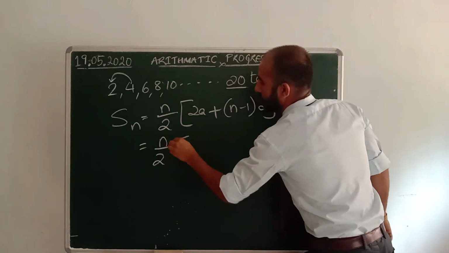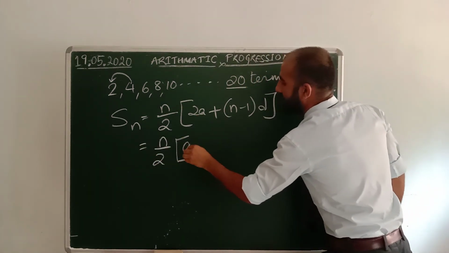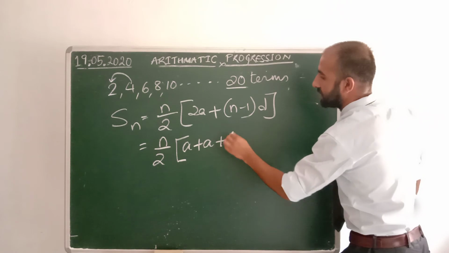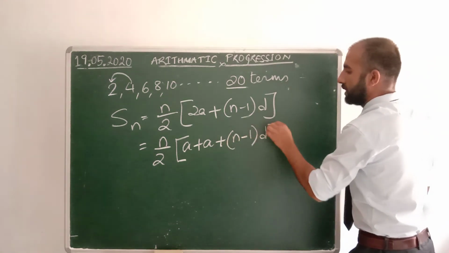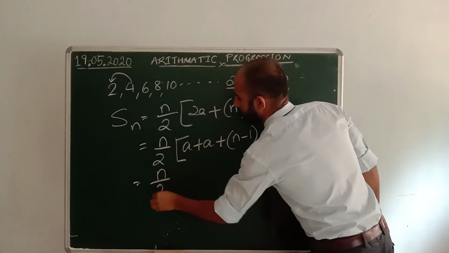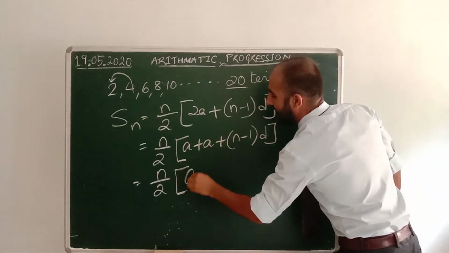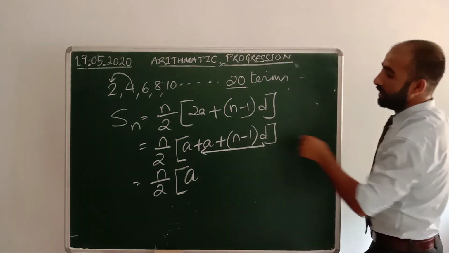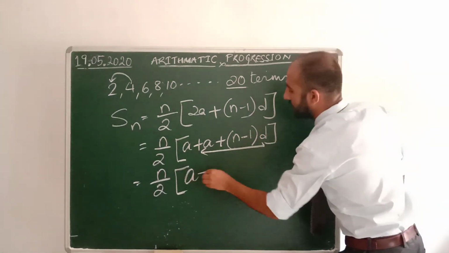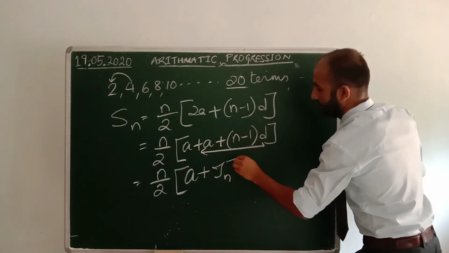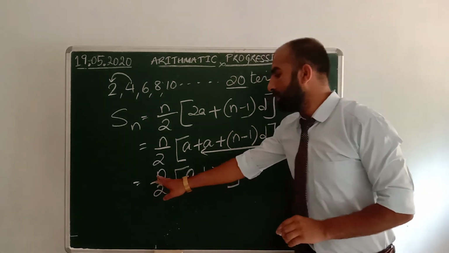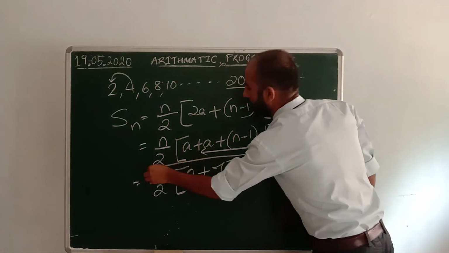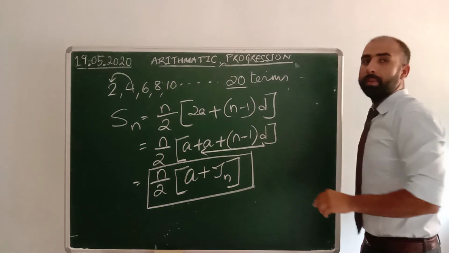N by 2, this 2a I'm going to break into a plus a, because a plus a is 2a, plus n minus 1 into d. N by 2, a remains as it is, and this is familiar to you, isn't it? a plus n minus 1 d is nothing but the term formula. That means if you know the number of terms, the first term, and the last term, then also by using this formula you can find the sum of the given AP.